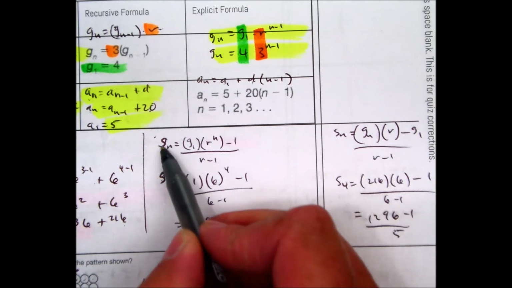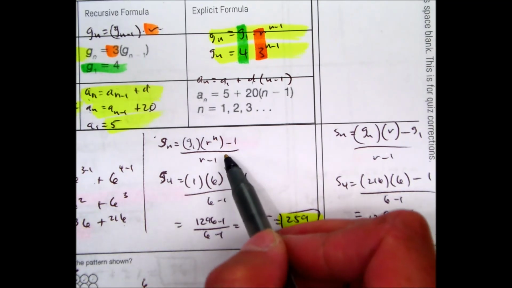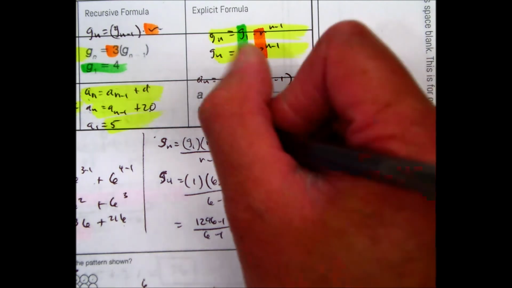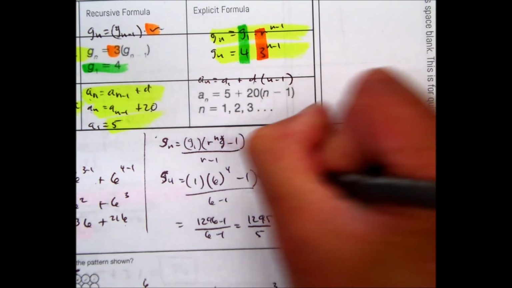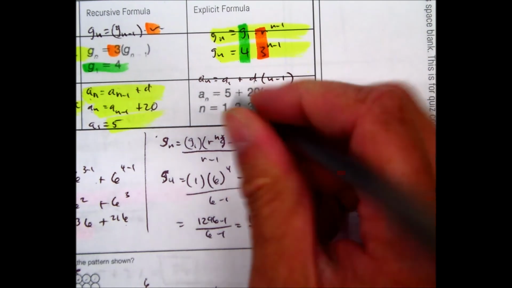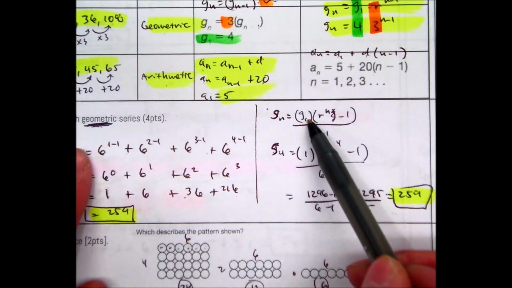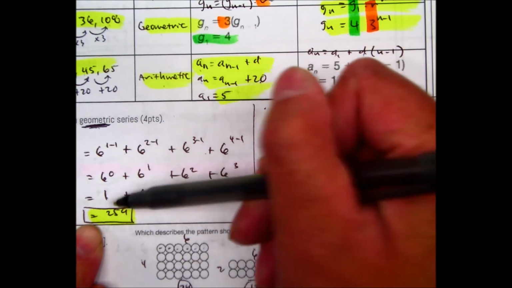So it says Sn equals G1 times r to the n minus 1. Actually, I wrote that wrong. That should be right there. So this is going to read, your first value of your series is 1, right? I did the math over here in that row.